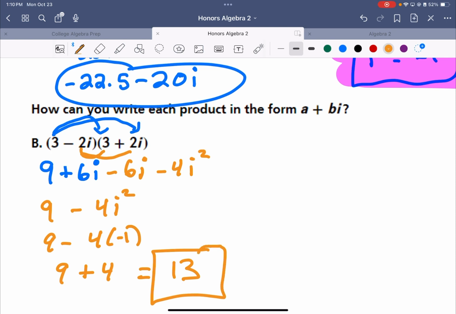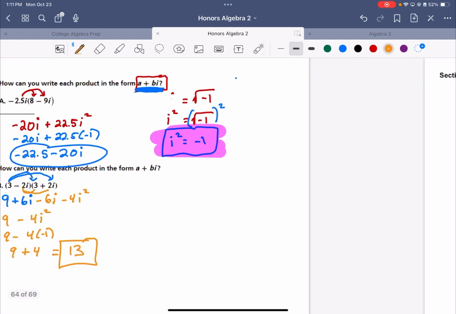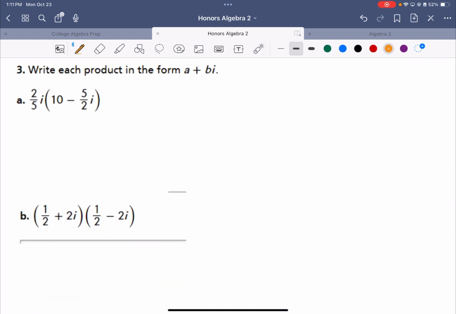So that's your solution to that. Now, obviously, that's not always going to be the case when you multiply two complex numbers together. It's not always going to be just a real number. This works because your i's are opposites of each other. But remember to FOIL when you're doing that.